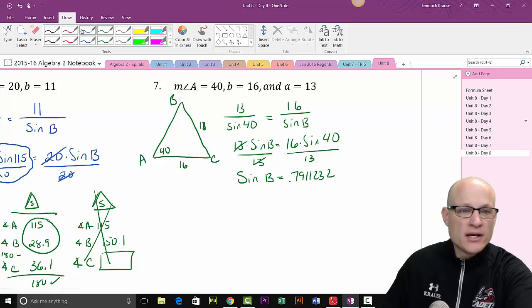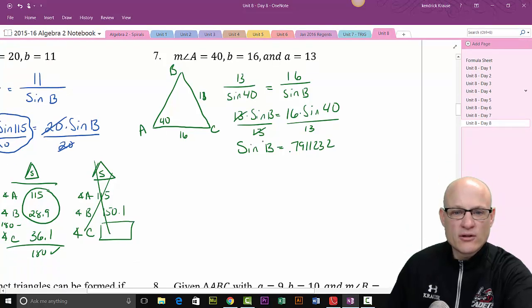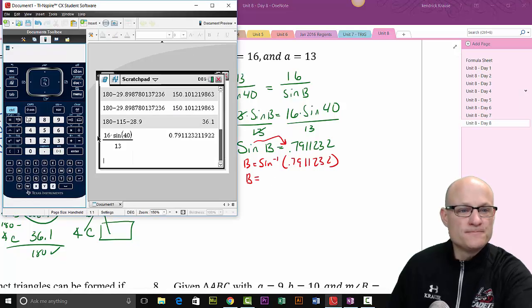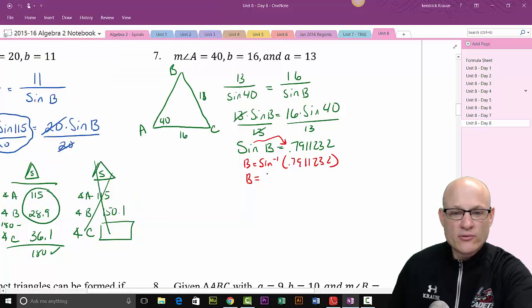0.7911232. Again, in order to find B, we move that over there and make it sine inverse. Sine negative 1 of 0.7911232. And we'll find that B is equal to 52.2906.